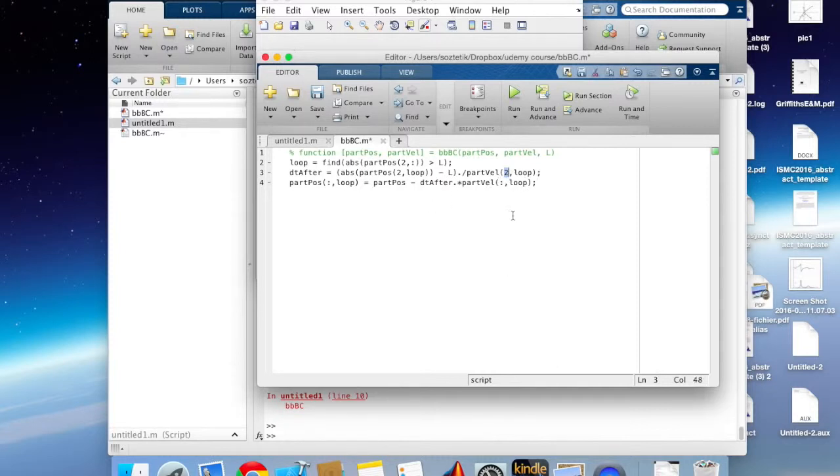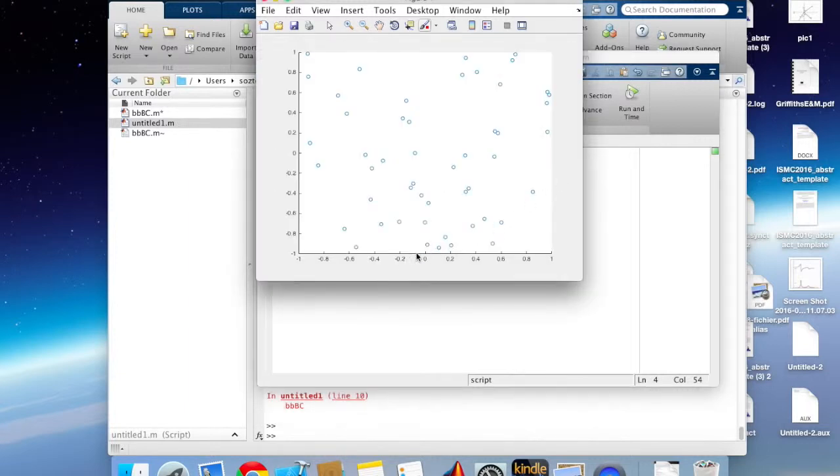You find only the particles who cross the y boundary, and you move all of the particles, I mean, in all of the directions, because we need to move the whole particle. After this line, particles are on the boundary.